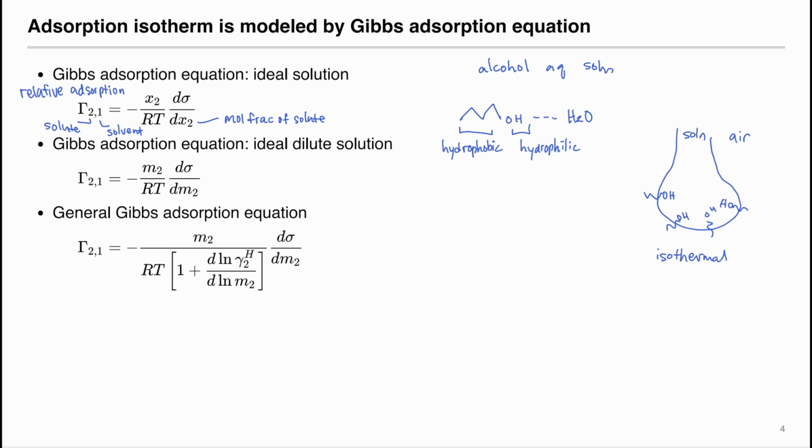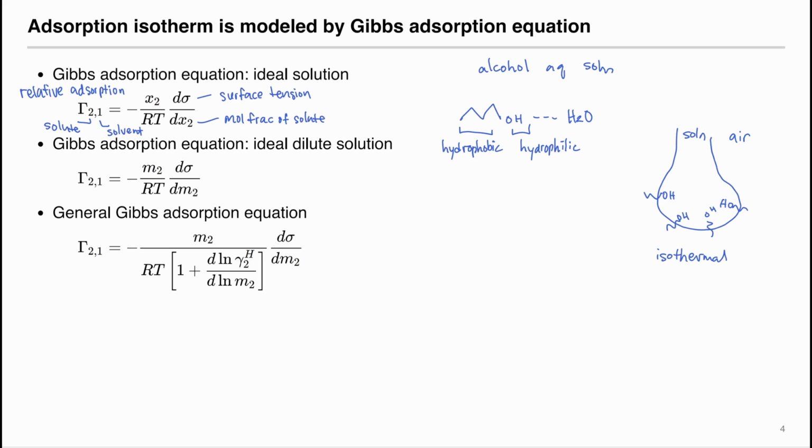R is the ideal gas constant, T is the absolute temperature, sigma is the surface tension.